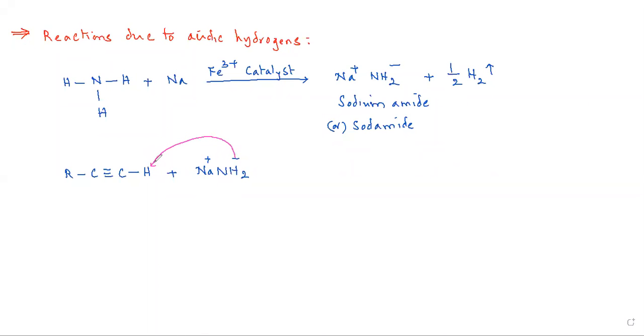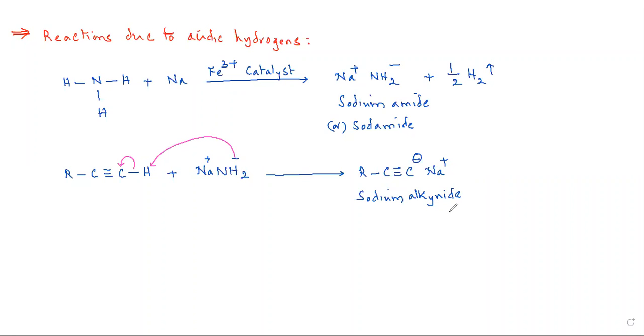See what happens. RC triple bond C minus, and you get Na plus. So this is called sodium alkynide, as we started with an alkyne.